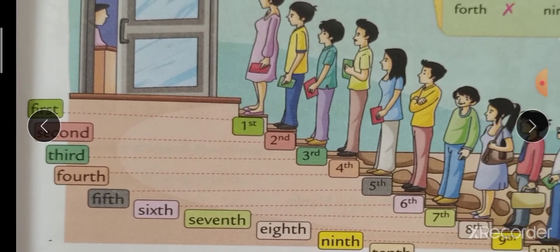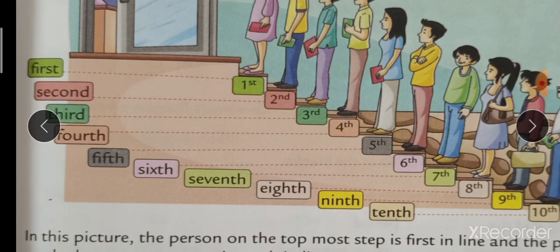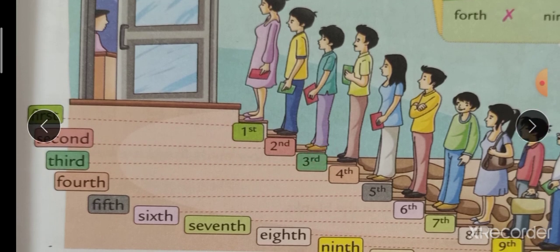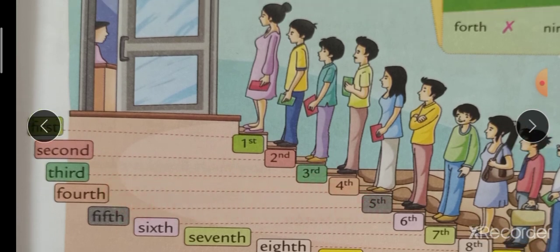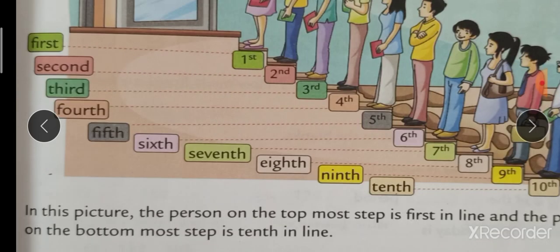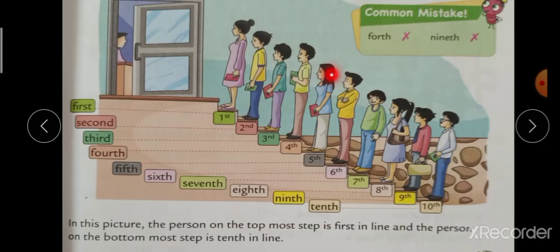If you see properly, here the spellings are also written: first, second, third, fourth, fifth, sixth, seventh, eighth, ninth, and 10th. In this picture, the person on the topmost step is first in the line, and the person on the bottommost step is 10th in the line. Yes, this is what I told you just now. She is first and he is 10th.